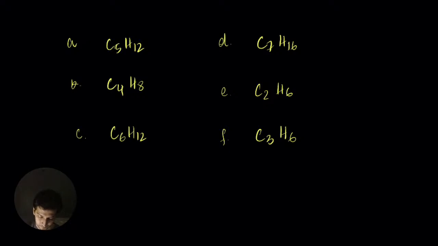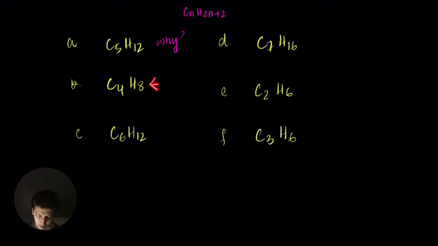Why is A an alkane? Because it fits the CnH2n+2. If C is 5, H will be 12, because 5 times 2 is 10 plus 2, that's 12.